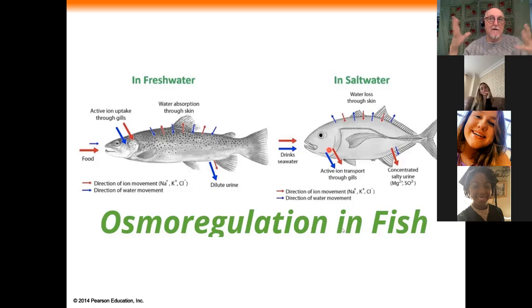So they have huge surface areas that water exchange takes place across. And in seawater, fish continuously lose water. Water floods out of them continuously, and they are in danger of dehydrating. Freshwater fish drown, saltwater fish actually dehydrate.